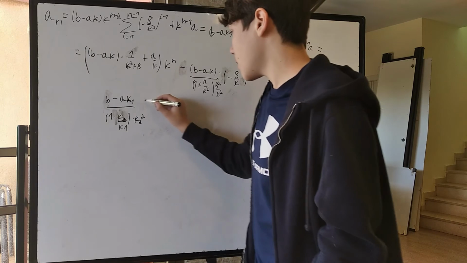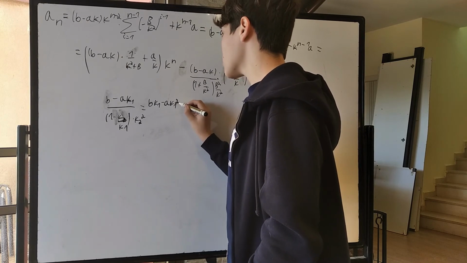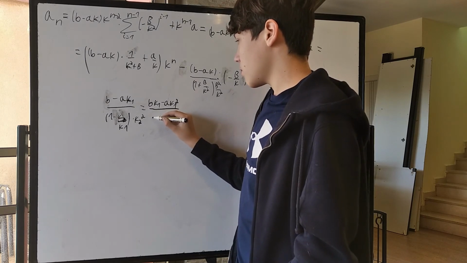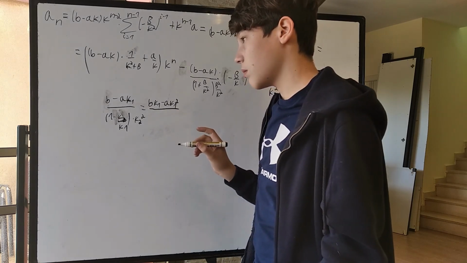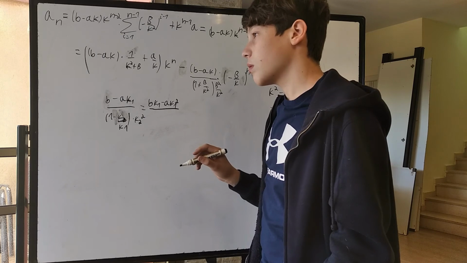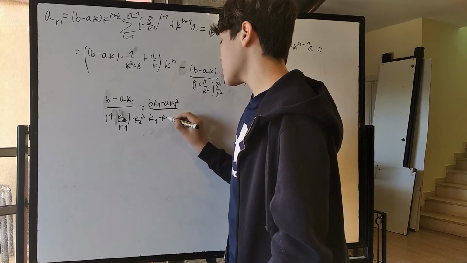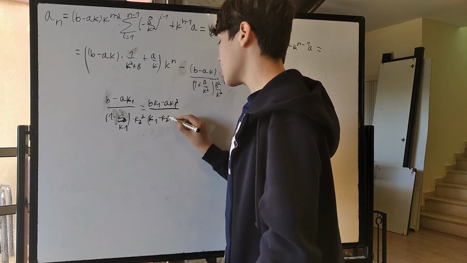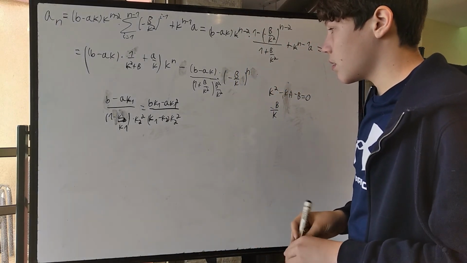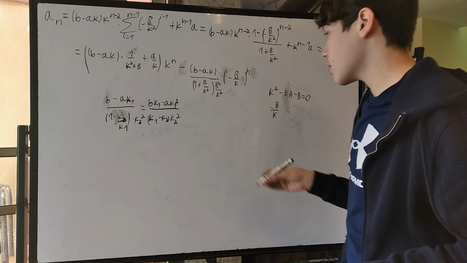Okay, now we'll get bk1 minus ak1 squared all over k1 minus k2 times k2 squared. And that's going to be the coefficient.